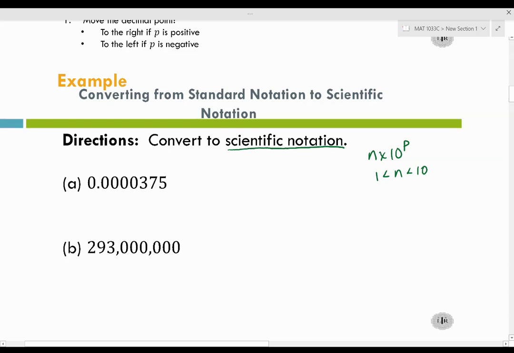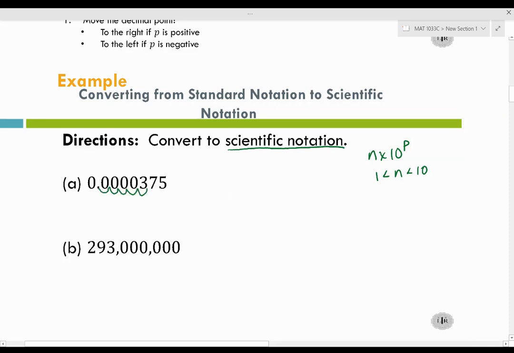So right now, as we're looking at this number, we have 0.0000375. So we need to move the decimal in such a way that we create a number that's between 1 and 10. So if I look at this decimal point and I move it, I'm going to need to move the decimal to the right, okay? So we've gone 1, 2, 3, 4, 5, okay?